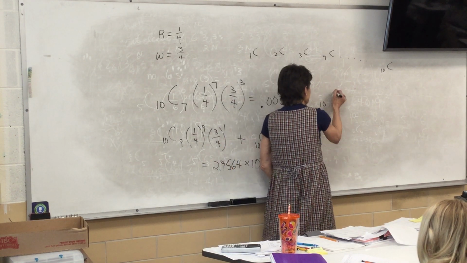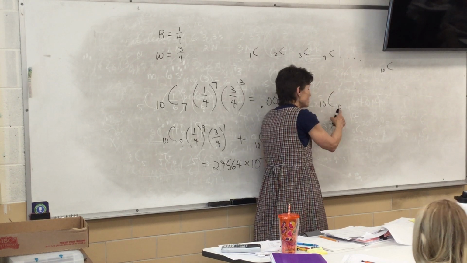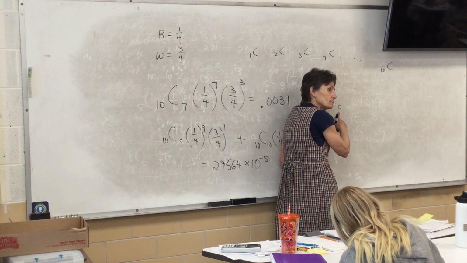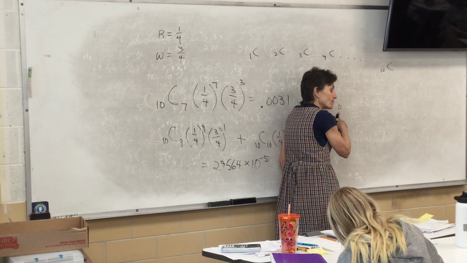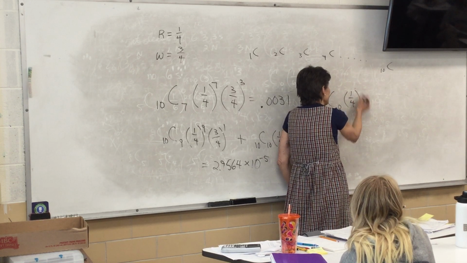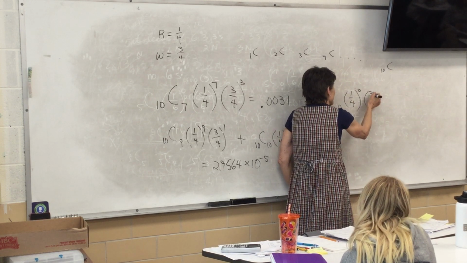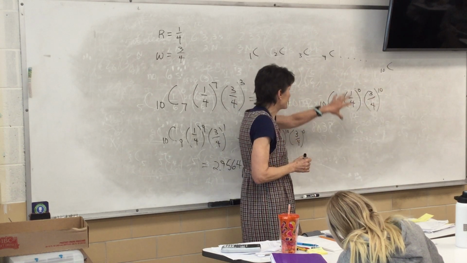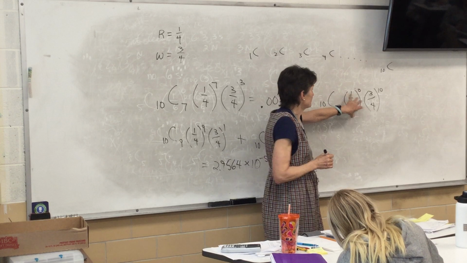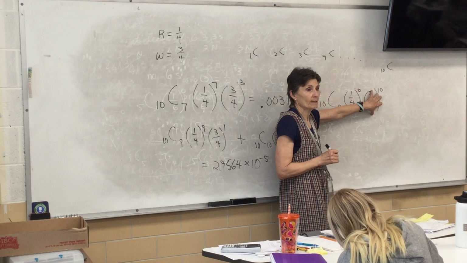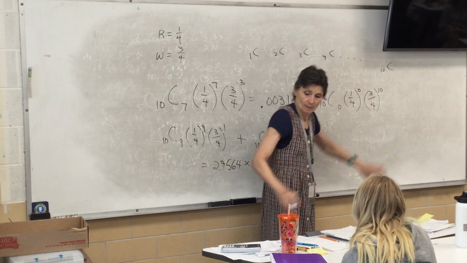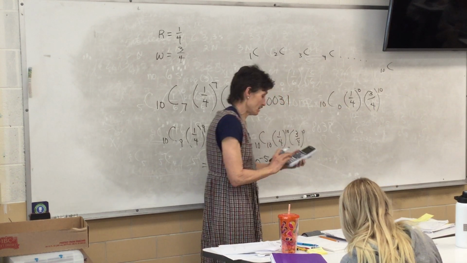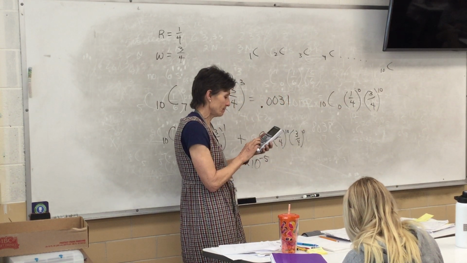So 10C0, 10 questions, none correct. 1/4 to the 0, 3/4 to the 10. You guess none correct, they're all incorrect. Well, that's easy to type in, relatively speaking.